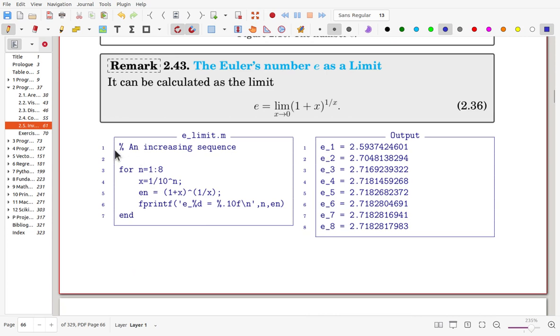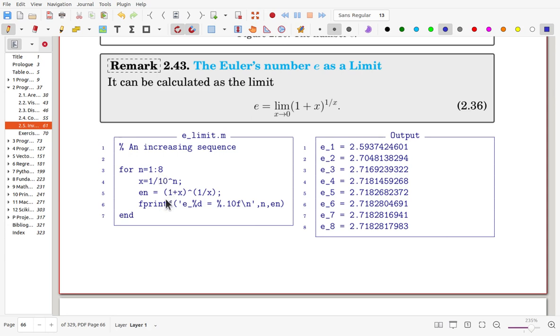In fact, here we'll print out En, that is an increasing sequence, and we try to print out 8 values, where x is now 1 over 10 to the n, moving from 1 to n, so that the first one will be 1 over 10, the second one will be 1 over 100, the third one will be 1 over 1000, and so on. So we are trying to choose 8 values that gradually become smaller.